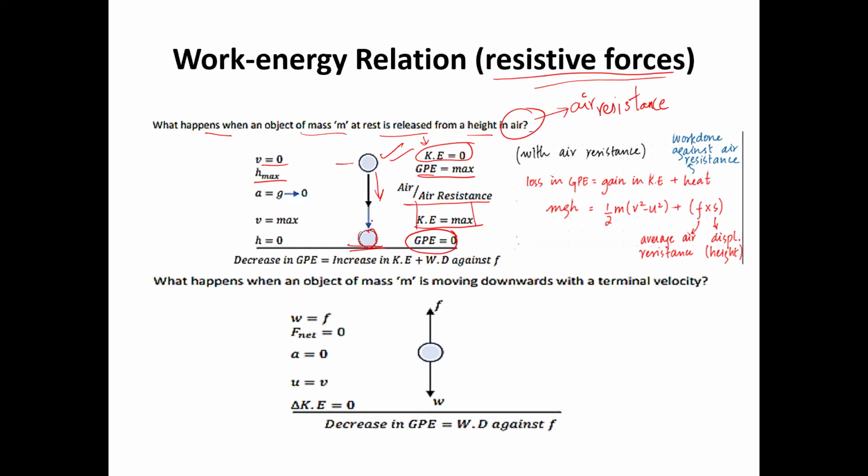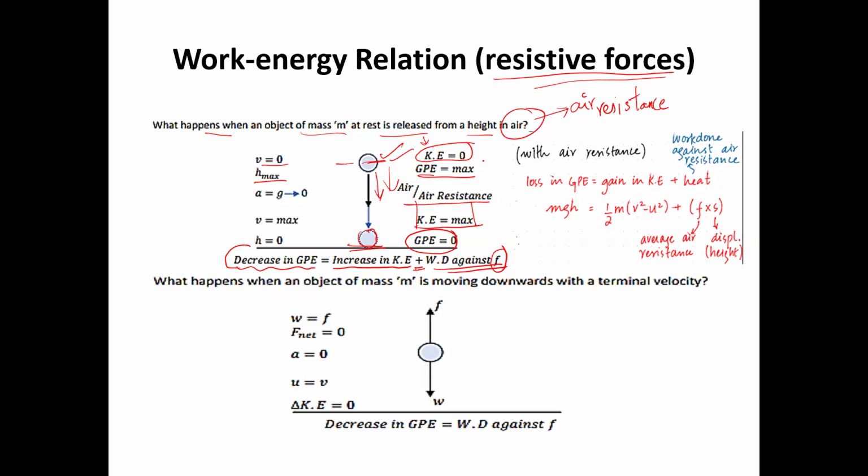So let's see how we can relate this whole motion in terms of an equation. When it is at the top and it falls down, the gravitational potential energy begins to decrease. That decrease in gravitational potential energy is converted into kinetic energy, plus, the very important thing, some of the energy is wasted in doing work against the resistive force F. Are you understanding how we are going to relate the equation in this specific case?